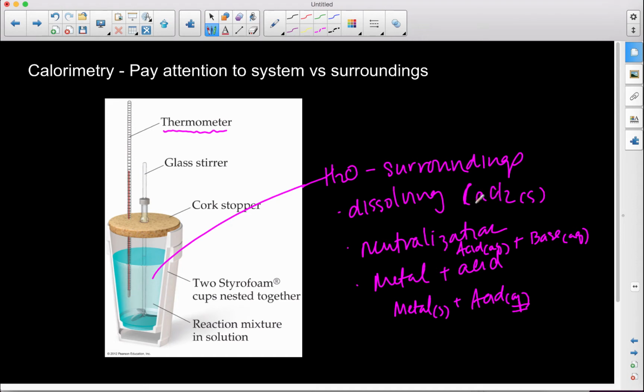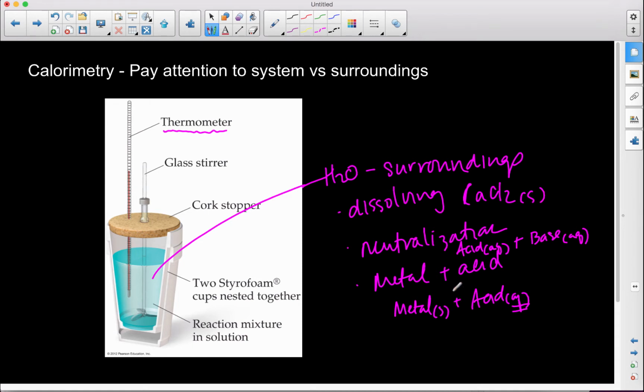Because we can't physically measure what's happening to the calcium and chloride ions, but we can measure what happens to the water, right? Again, we can't measure the interaction of these ions with one another, but we can measure what they do to the water. Likewise here, we can't measure what happens between these particles, but we can measure their effect on water, right?